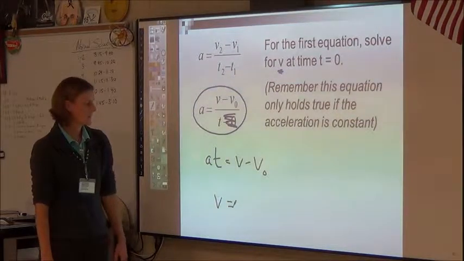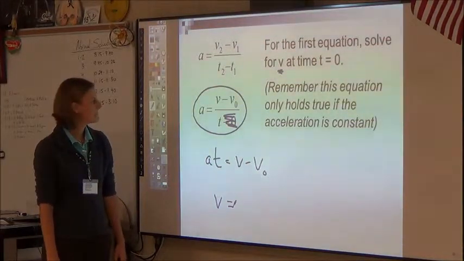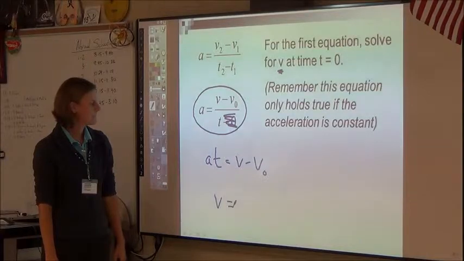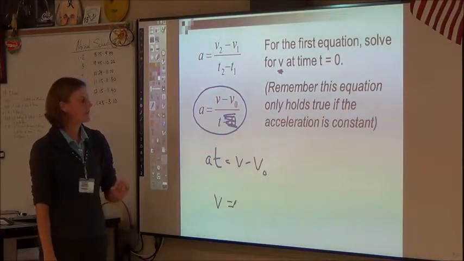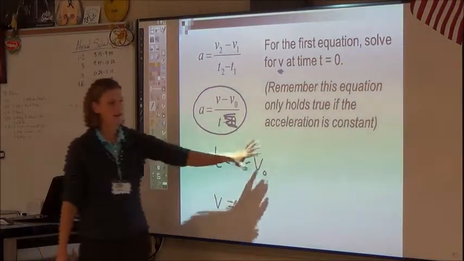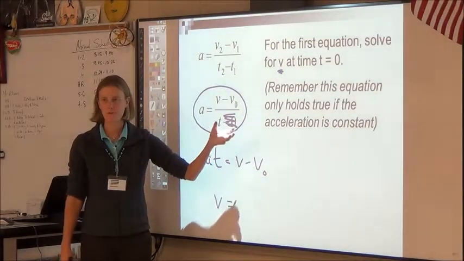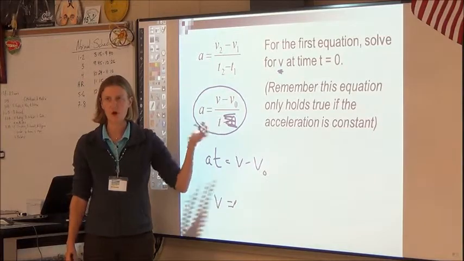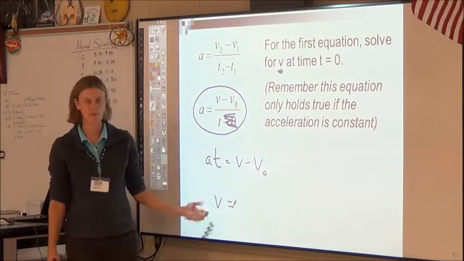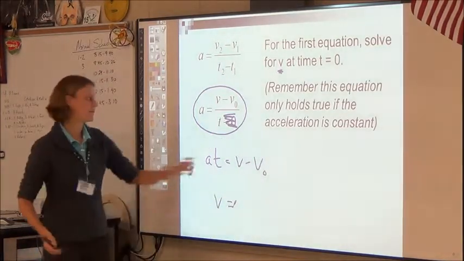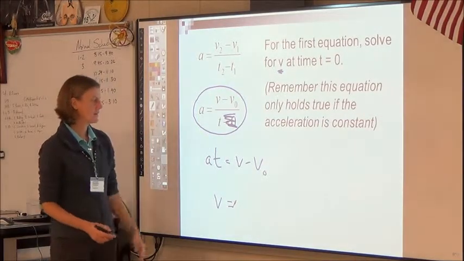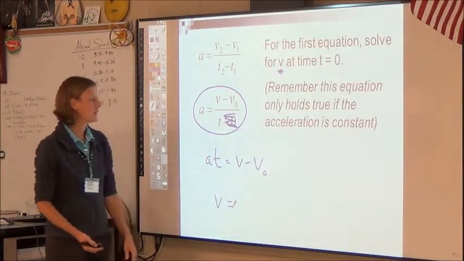So how do you just get rid of the v naught? Isn't it 0, so wouldn't you just do it? No, the time. Just like that computer activity pulled up, the time was 0, but that doesn't mean the velocity is always going to start at 0. Like it was set at 12. So I don't know what the v naught is. It's something. It might be 0, might not be.